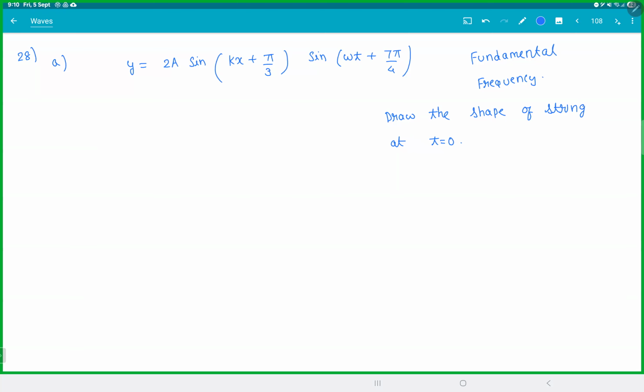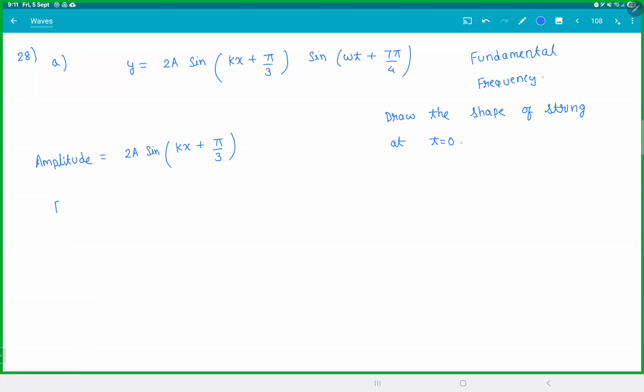Let's see. Now, again, the first part, kx plus pi by 3, will tell you the position of the node. So you just need to find the position of the node. Start from there. So what is the amplitude? So listen carefully once. I'll show you one. So amplitude is 2a sine kx plus pi by 3.